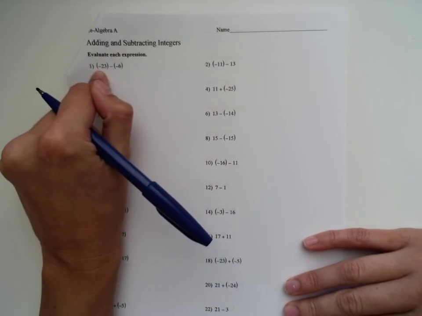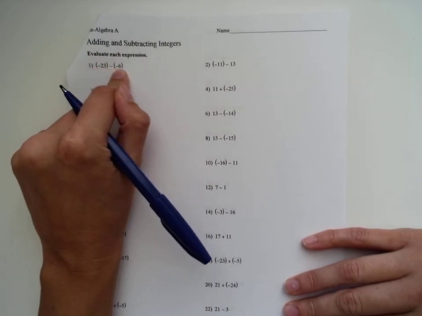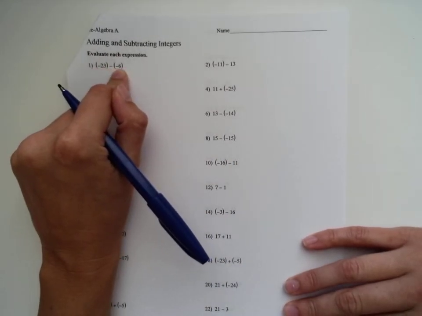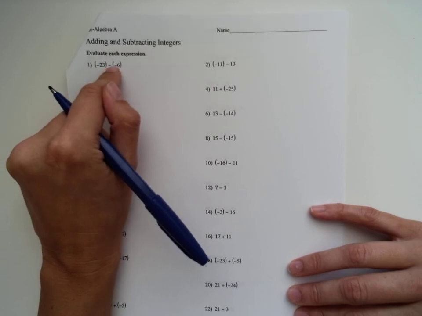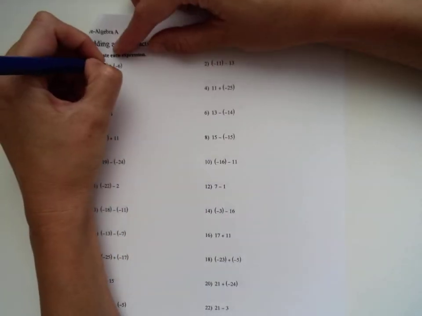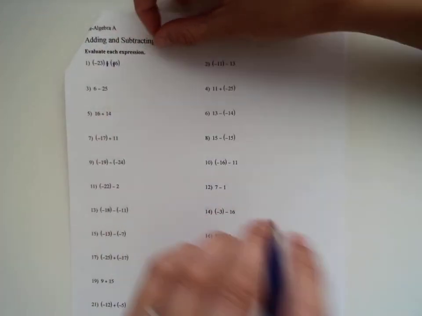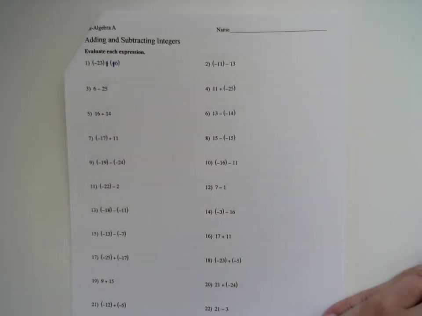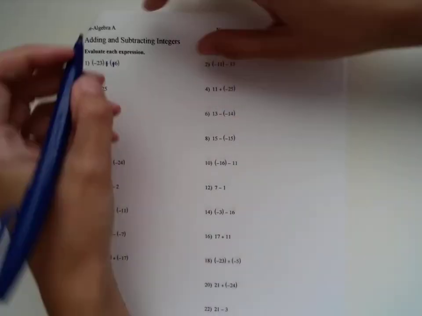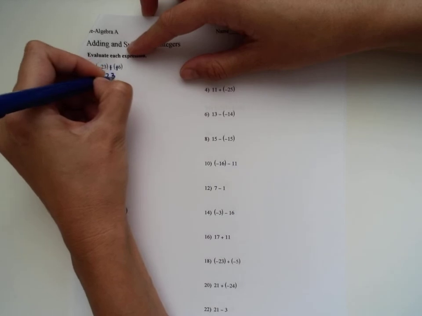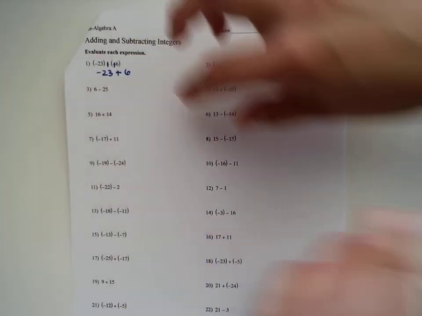So the first one, we have -23 minus -6. Again, if we are subtracting a negative, that's the same thing as adding a positive. So we want to switch that first. So our new problem is -23 plus 6.